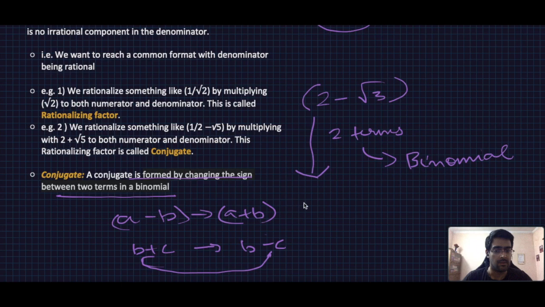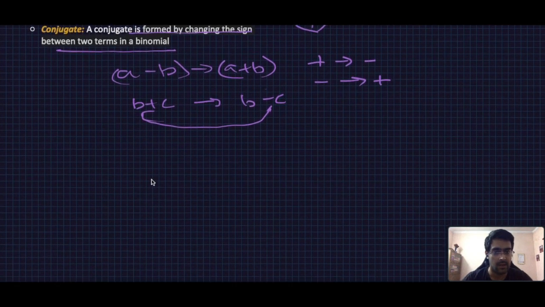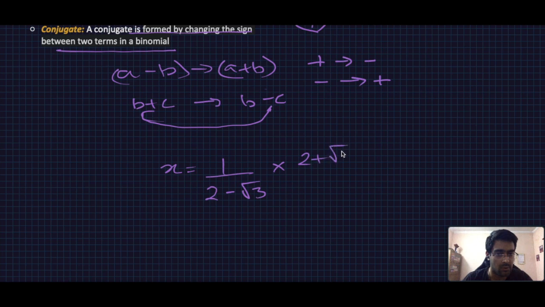The plus becomes a minus, the minus becomes a plus, right? So going with that, if I have an expression like 2 minus root 3, I'll just multiply it with 2 plus root 3 and 2 plus root 3. Once we solve this, it will rationalize the expression.